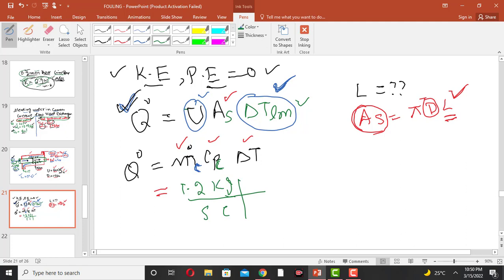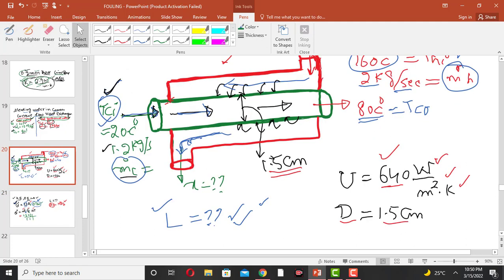How can we determine the specific heat of cold water? The specific heat of cold water can be determined from various tables at the average temperature. For example, we will add 20 degrees plus 80 degrees, which gives us 100 degrees, divided by 2.